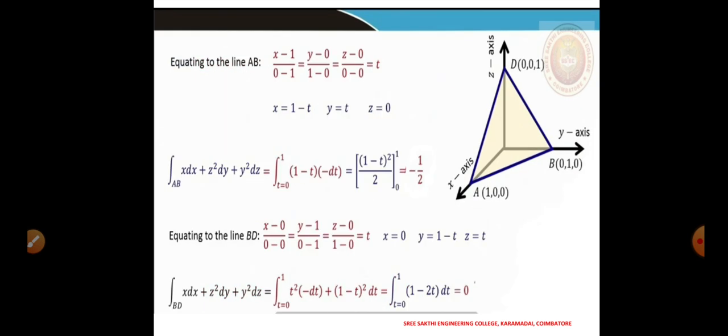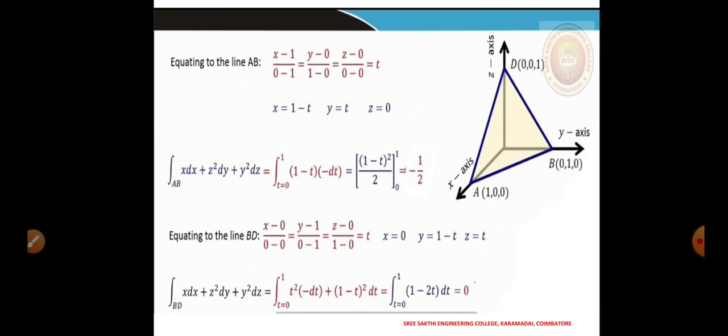Now on the line AB, the equation is (x minus 1) by (0 minus 1) equal to (y minus 0) by (1 minus 0) equal to (z minus 0) by (0 minus 0). That has to be equal to t, so we introduce a parameter t. That means x equals 1 minus t, y equals t, and z equals 0, because the z component is not varying along this line.